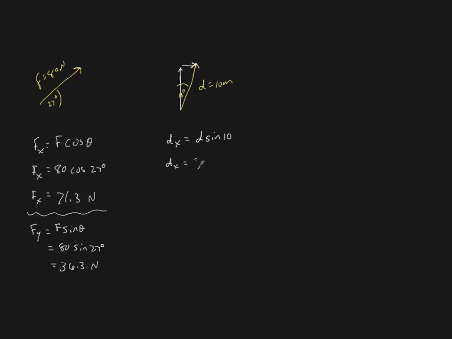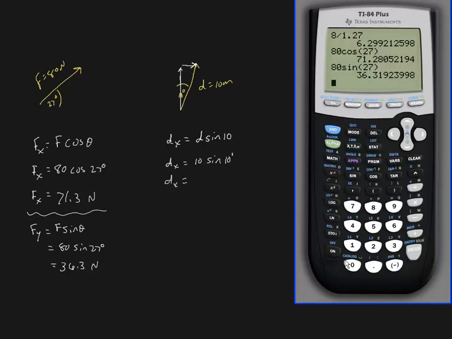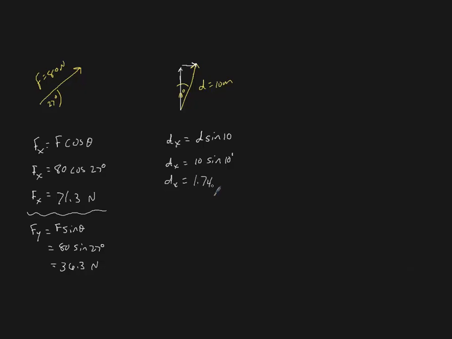So dx is equal to 10 sine 10, or dx is equal to 1.74 meters. dy is equal to d cosine of theta.